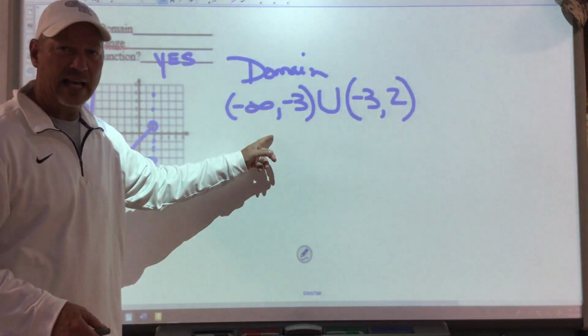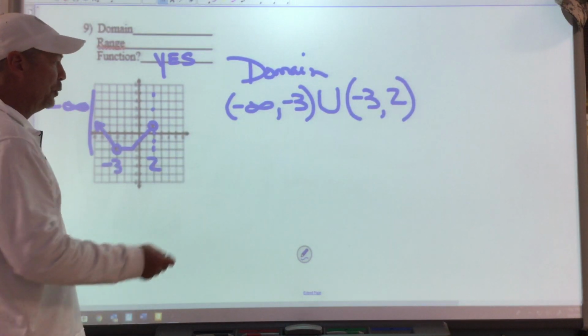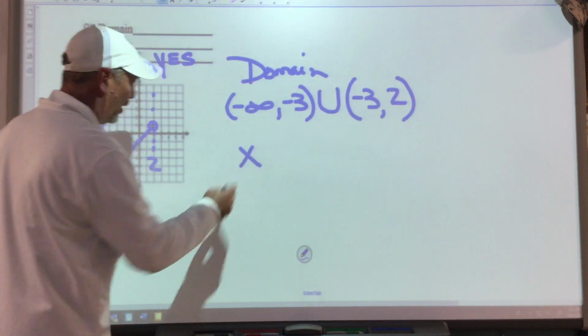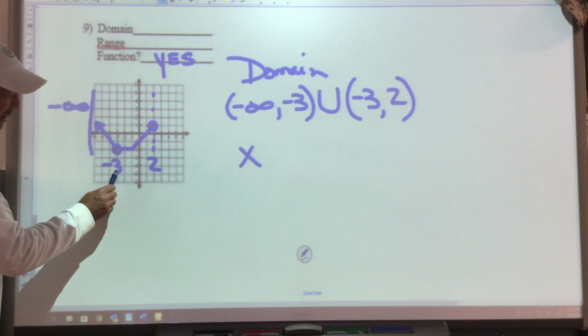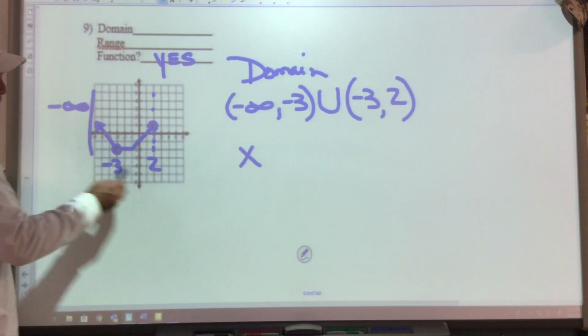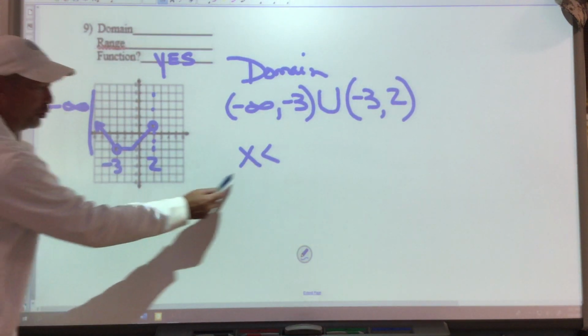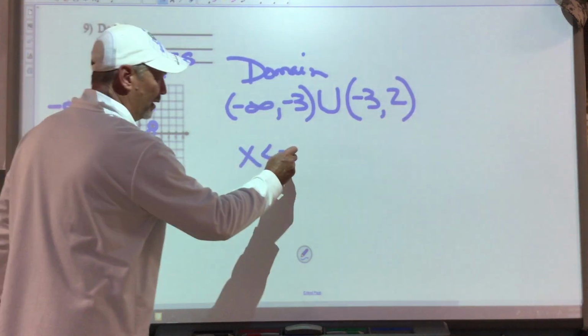How do you write this as an inequality? As an inequality, you would tell me that my x values, we're talking about my x values, from right here, look at this. My x values are going to be less than, but no bar, open circle, you do not put a bar underneath here. We're going to be less than -3.